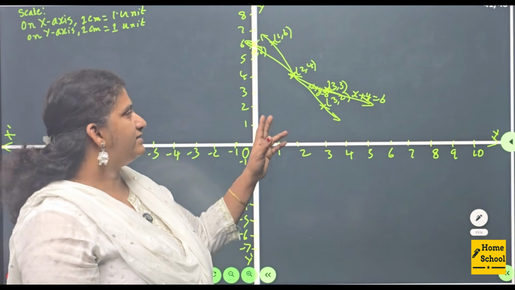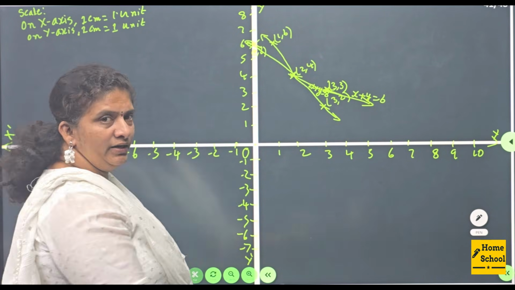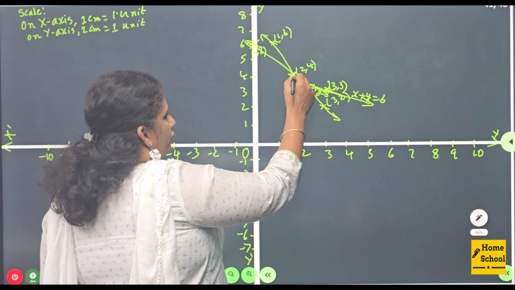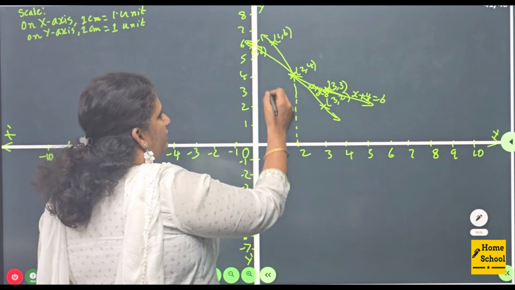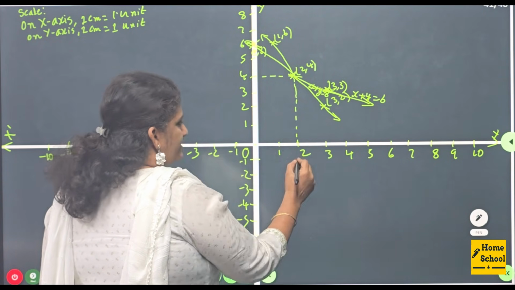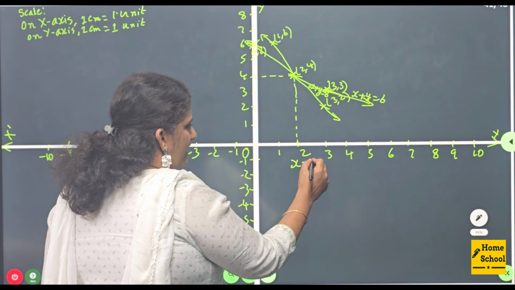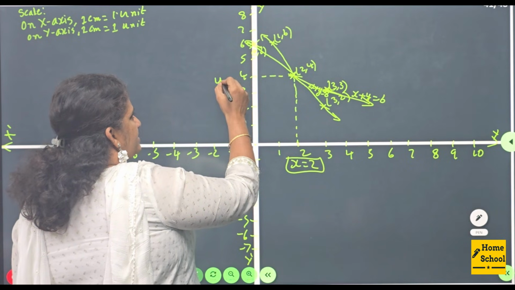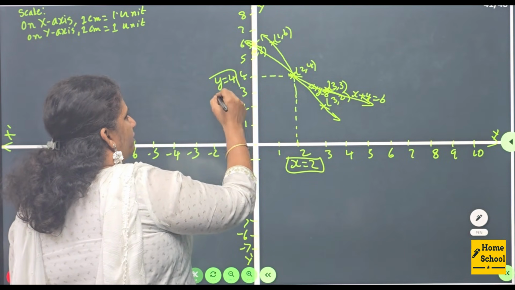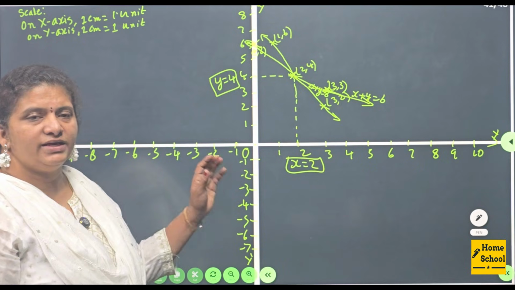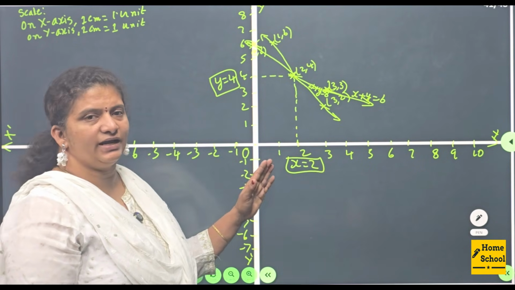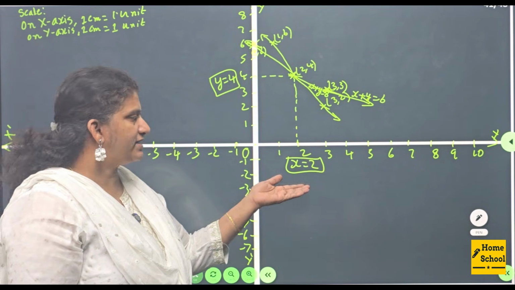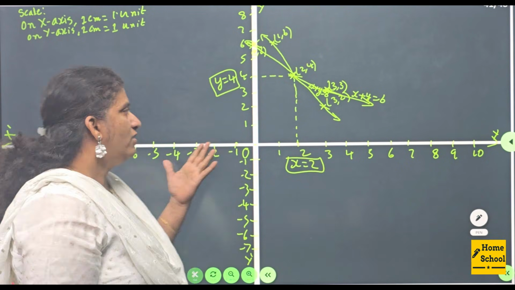Therefore, the two lines are intersecting at the point 2, 4. Draw the perpendicular from there and see where it is touching the x-axis, that is your x value, and where it is touching the y-axis, that is your y value. Therefore, these two lines are intersecting at the coordinate 2, 4, where the x value is 2 and the y value is 4.